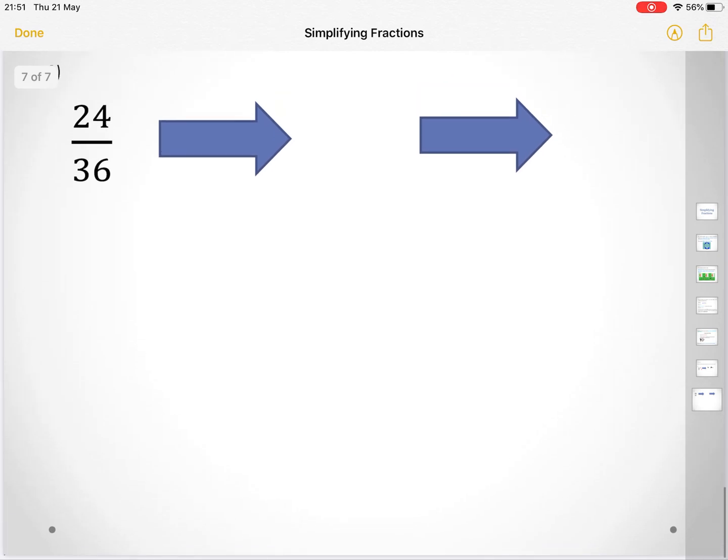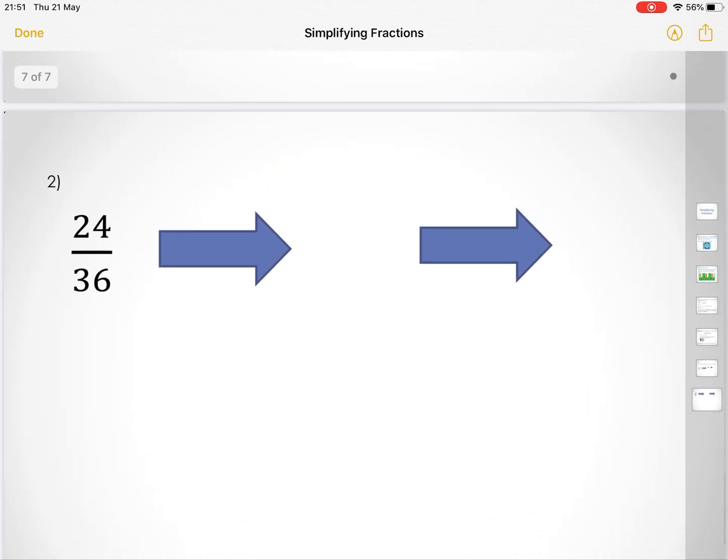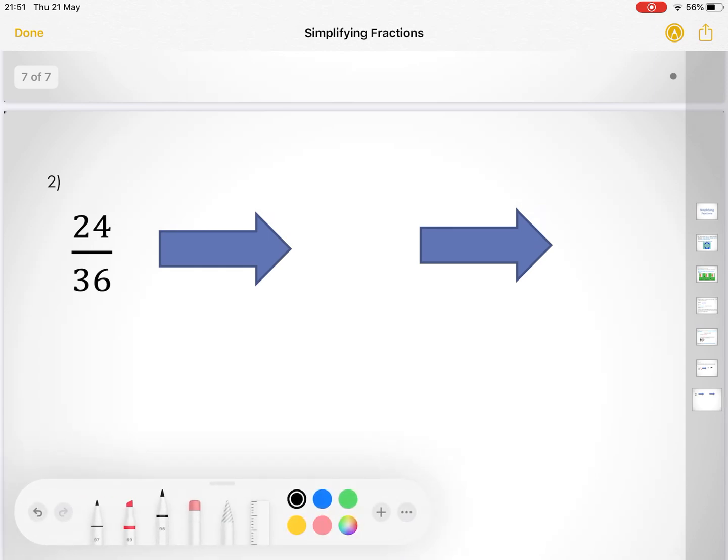Now, 24 and 36. Okay? Let's say that I know that they are multiples of 4. So I'm going to divide them by 4.